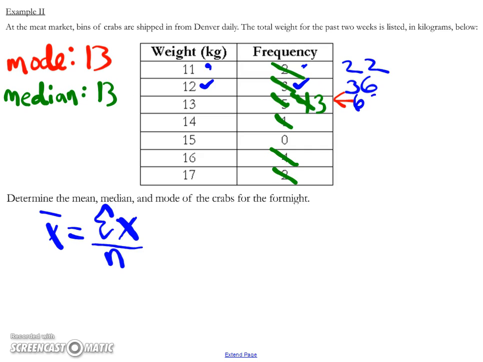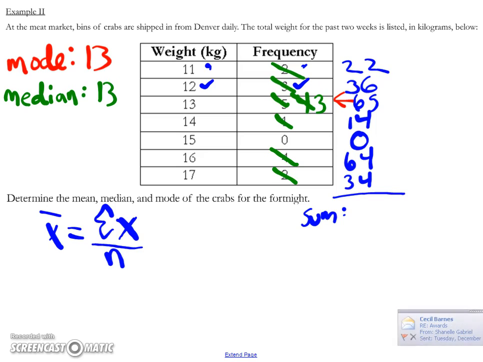13 times 5 is 65, 14 times 1 is 14, 15 times 0 is 0, 16 times 4 is 64, and 17 times 2 is 34. They come up to a grand total of, in this circumstance, 235.